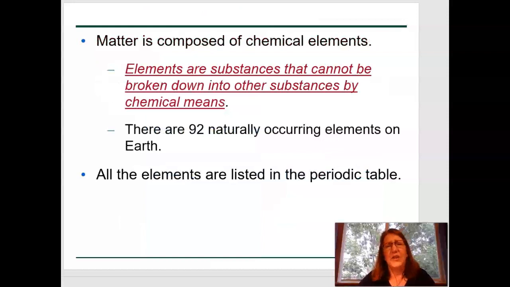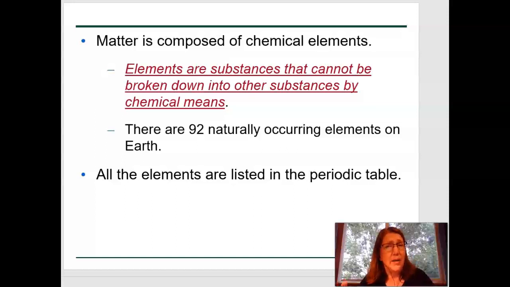And then our next term is going to be elements. So matter is composed of the chemical elements. And the definition of elements: these are substances that cannot be broken down into other substances by chemical means. Now for Bio 105, there's going to be 92 naturally occurring elements on the Earth, and we're just going to look at those 92.